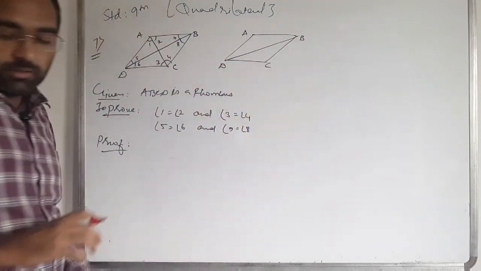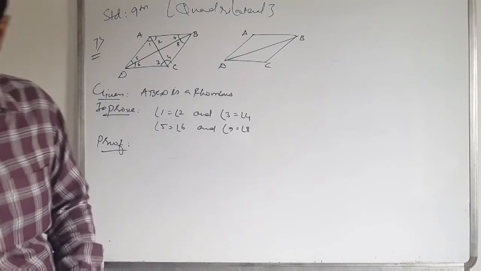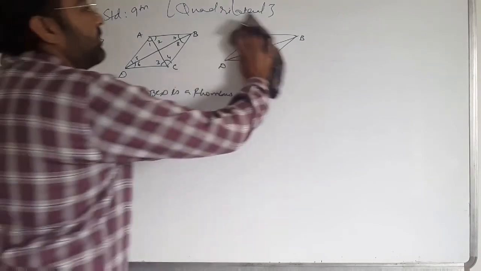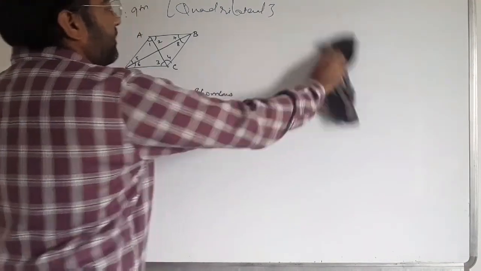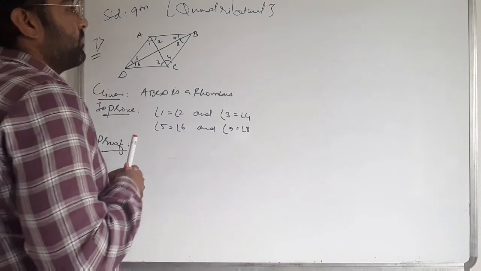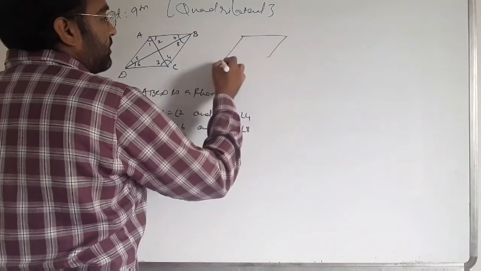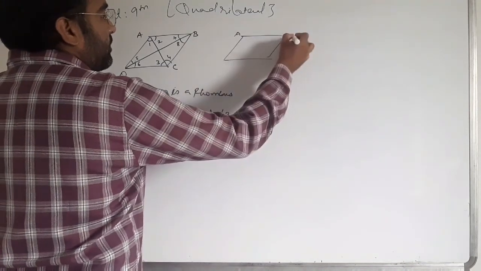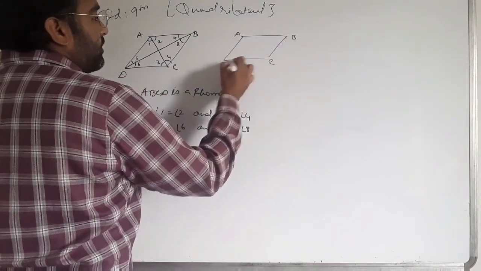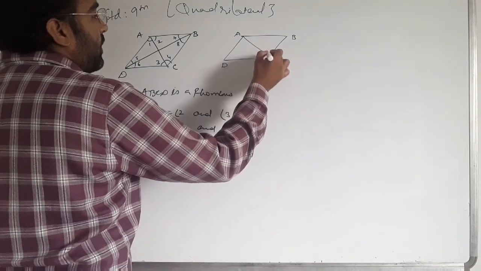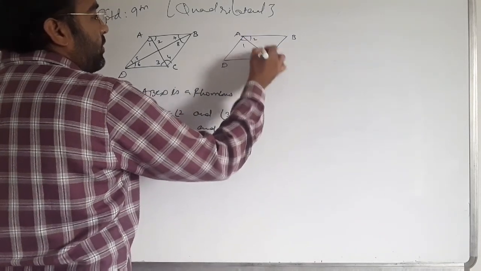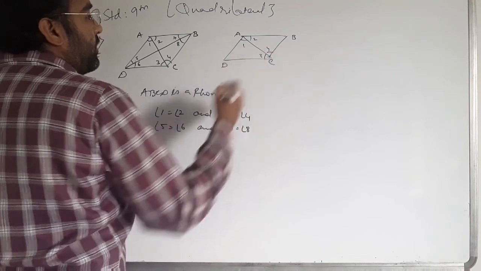Sorry, it's BD constructed. So here are 1 and 2, 3 and 4.